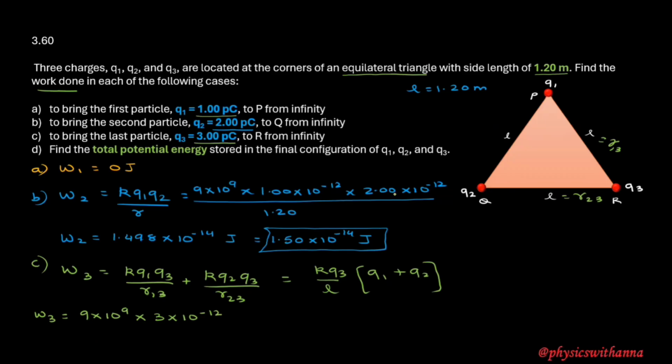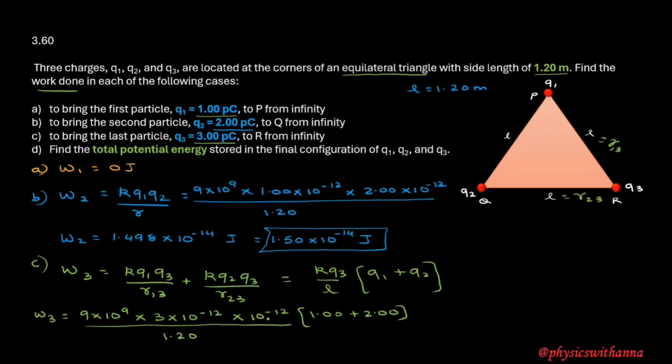Q1 and Q2 both are measured in picocoulomb, so I can take their powers outside as a common term, and multiply with 10 to the power negative 12 again. Q1 is 1, Q2 is 2, over the distance L, which is 1.20.